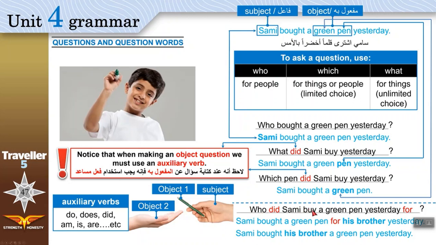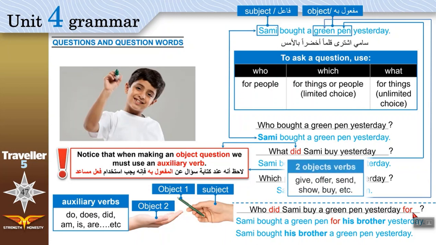Who did I give my book to? I gave it to my brother. So it here is the book. Again, who did I give my book to? At the end you must use to or for. So the prepositions to and for go at the end of the question.